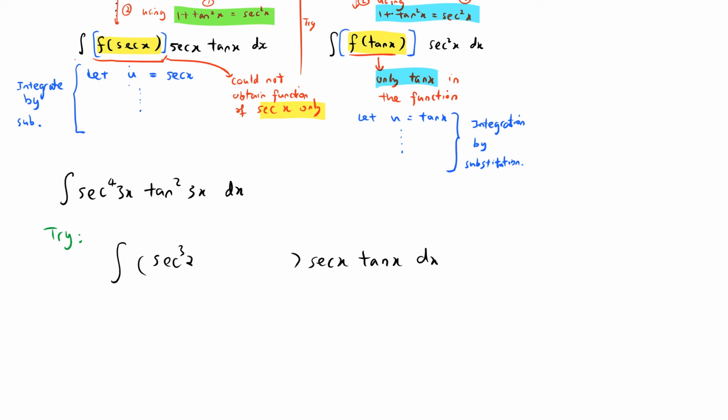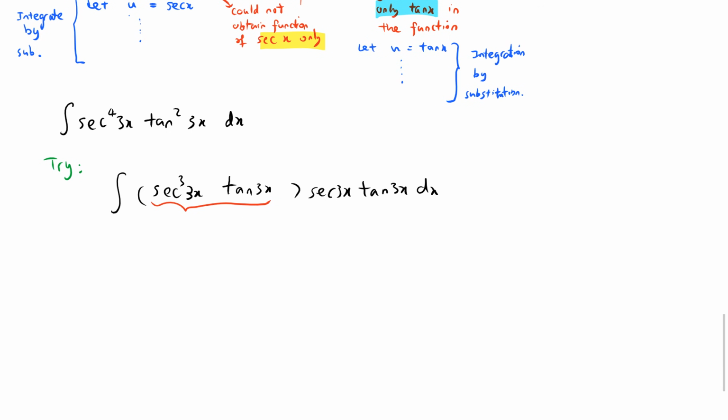There's a 3 here, so secant 3x tangent 3x. Then inside this bracket will be tangent 3x, right? So the objective is to convert all this to secant x.